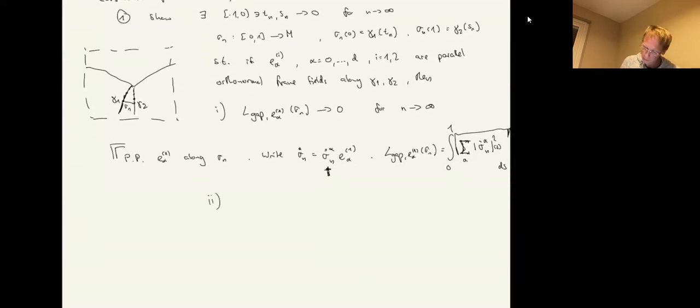And secondly, that the parallel transport of E alpha 1 along sigma n is related to E alpha 2 by uniformly bounded Lorentz transformations.